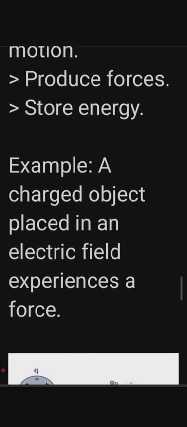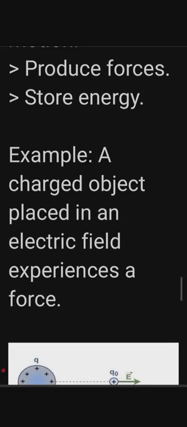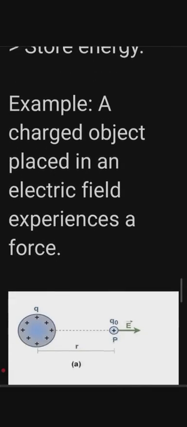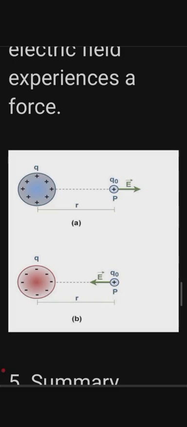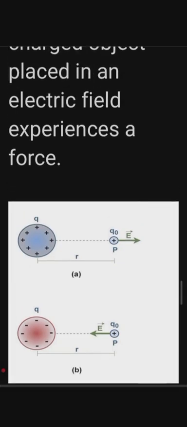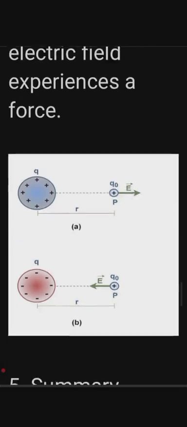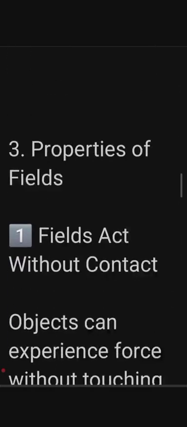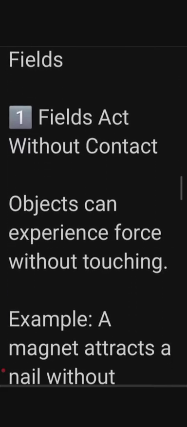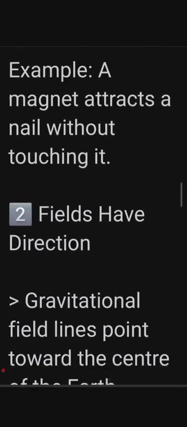Field stores energy. Example, a charged object in an electric field experiences a force. So if you put a charged object inside an electric field, it will experience either a repulsive force or an attractive force.